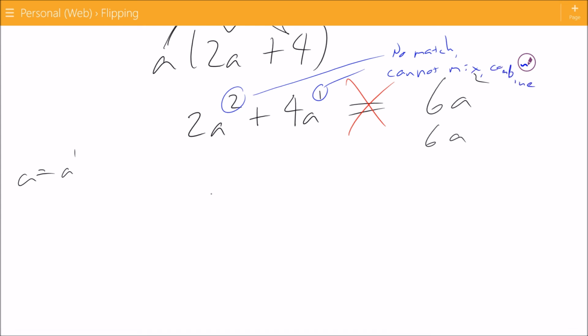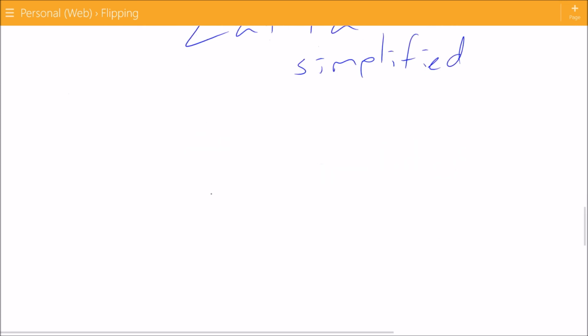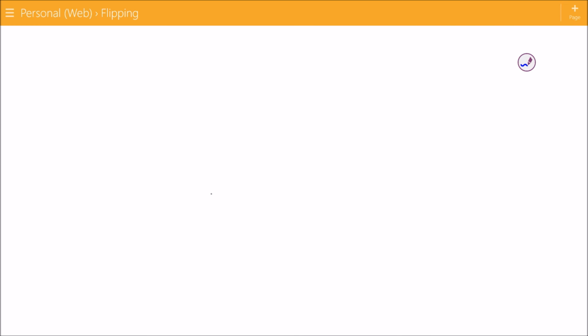Okay, so this right here, this 2a squared plus 4a, this is simplified. We can't get it any simpler than this because we cannot combine things that have different exponents for the variables. All right, just a few things to think about here.